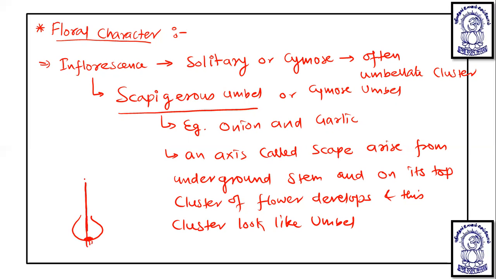Here this axis develops, and on the top of the axis you will find this condition showing umbelling. This is the scape. Okay, so this is about the inflorescence.